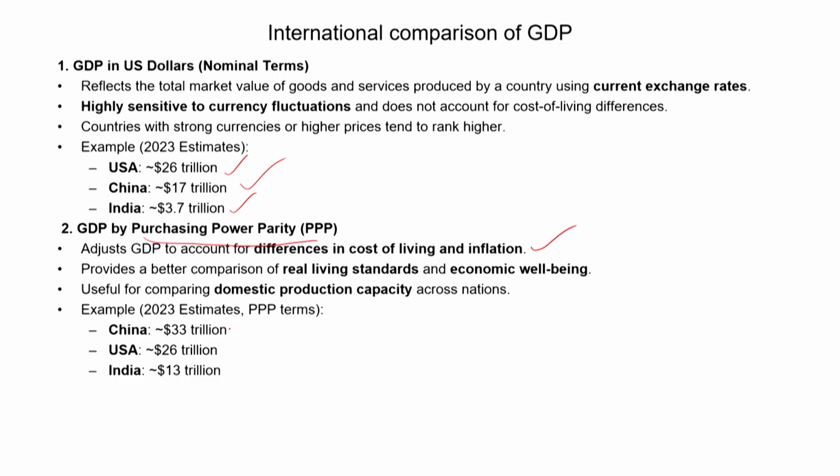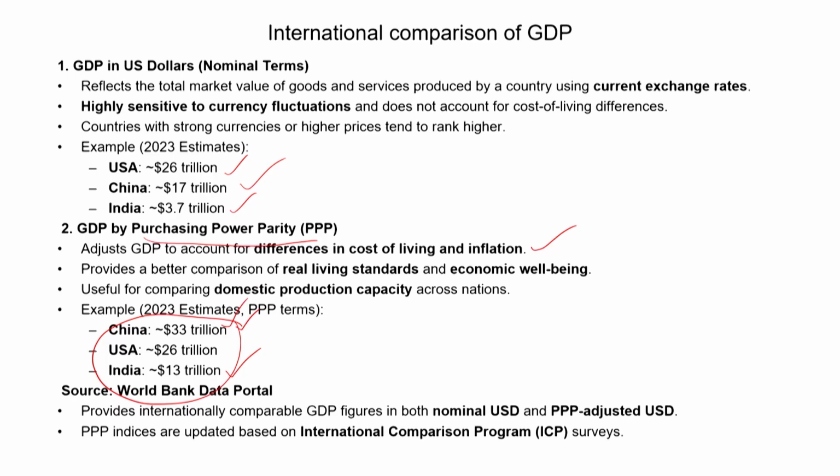Look at the same GDP when adjusted for purchasing power parity: Indian GDP becomes 13 trillion and Chinese GDP becomes 33 trillion from 17 trillion. It becomes the largest economy. So from this data itself, you can say that with GDP in US dollars, the US is the largest economy, but with GDP at purchasing power parity, China becomes the largest economy in the world.